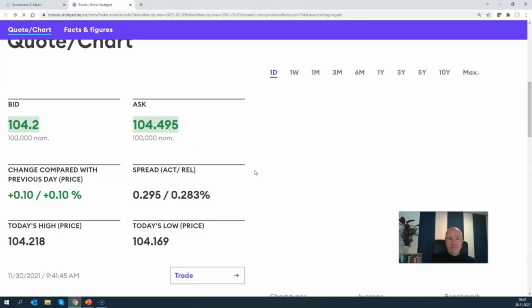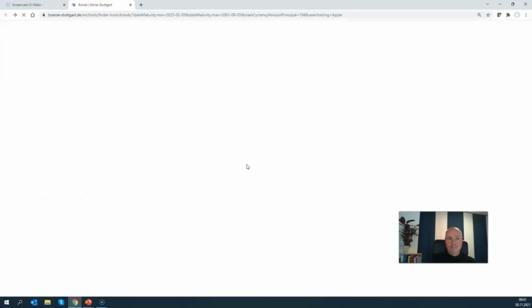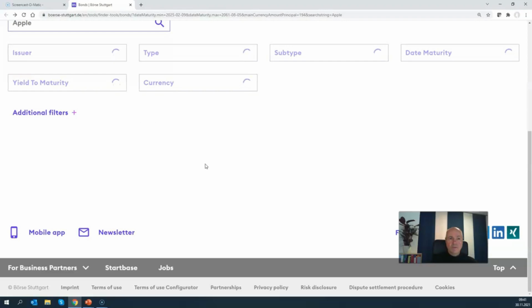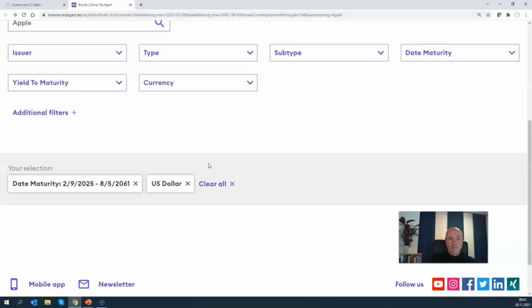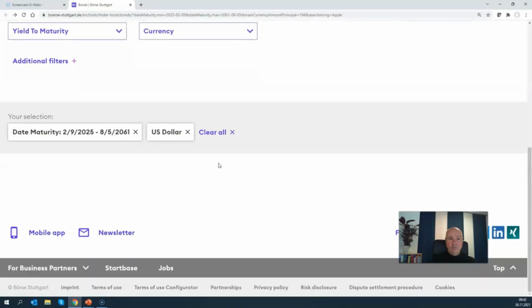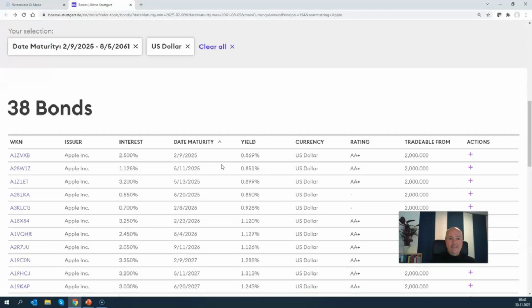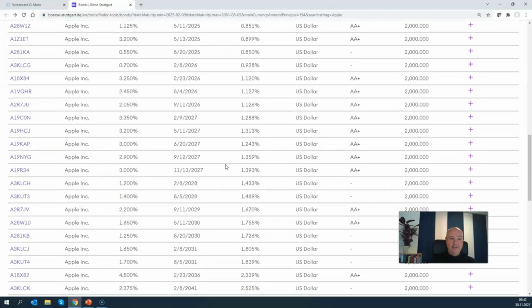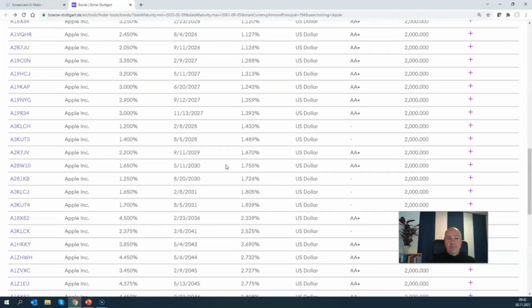On the opposite, we can look at a bond whose current yield is higher than the coupon rate, which is not easy to find nowadays, but that would be one.